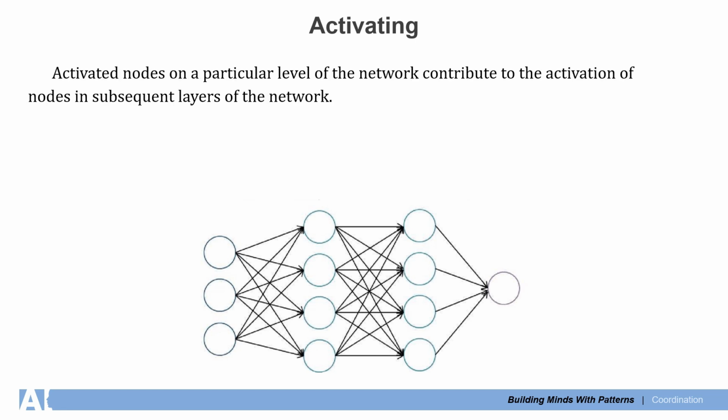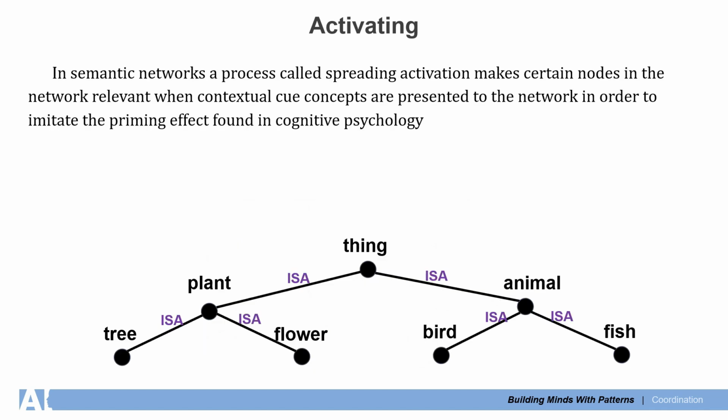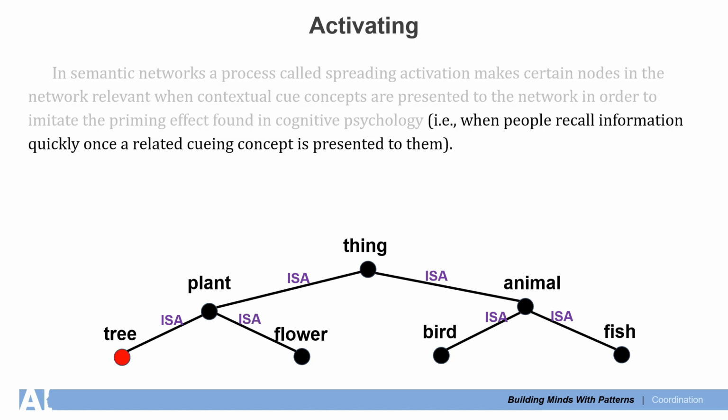Activated nodes on a particular level of the network contribute to the activation of nodes in subsequent layers of the network. In semantic networks, a process called spreading activation makes certain nodes in the network relevant when contextual cue concepts are presented to the network in order to imitate the priming effect found in cognitive psychology. That is, when people recall information quickly once related cueing concepts are presented to them.